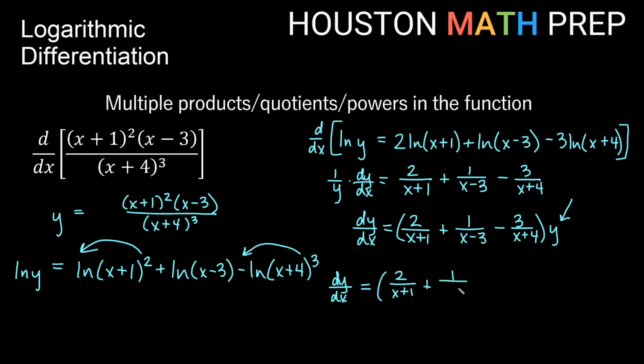You'll notice times what we started with, right? So we get 2 over x plus 1 over x minus 3 over x plus 4. And then all of that is going to be times the x plus 1 all squared, x minus 3 all over x plus 4 cubed.